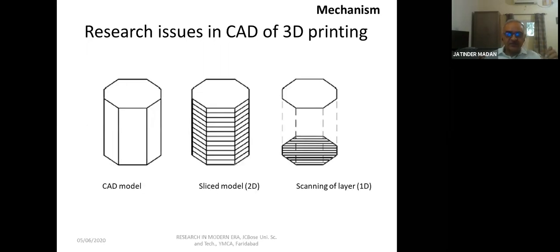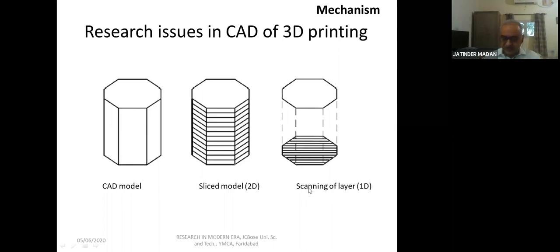Okay, so you have a mechanism for how you scan the layers, because once you have the 3D model with you, you want to go for scanning. Scanning is done with the help of some tool. You can scan it in a fashion so that the material is solidified.